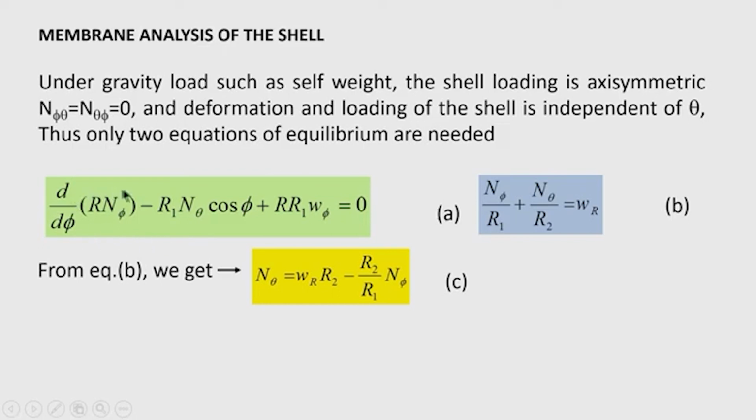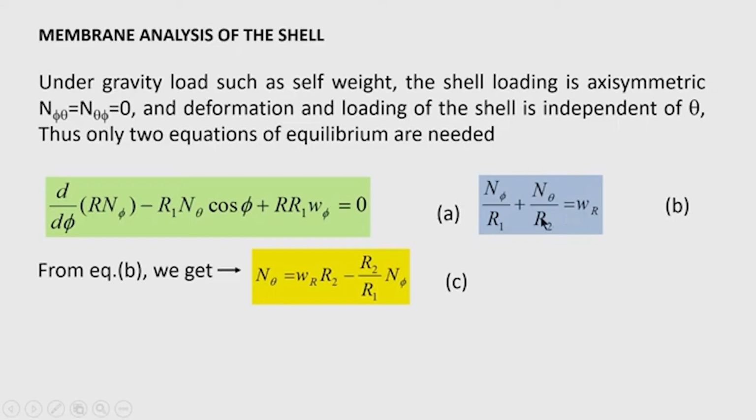Okay. So, r is the radius of the parallel circle at a certain level defined by the angle phi, and you can see here that n theta and n phi both appear in the first equation, but the second equation of equilibrium is an algebraic equation and it is given by n phi by r 1 plus n theta by r 2 equal to W r.